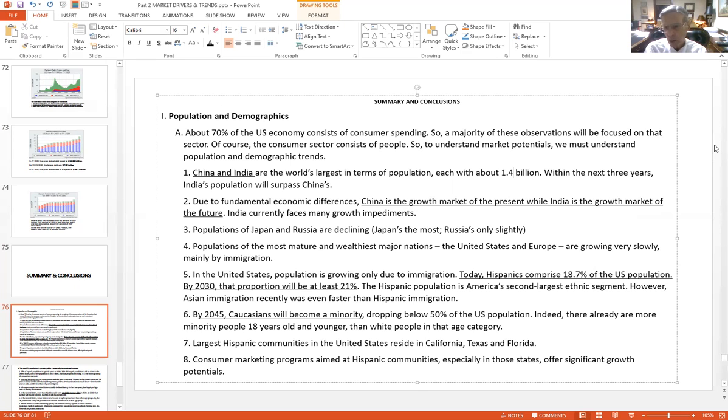And among youth aged 18 or younger, the proportion represented by white people already is below 50%. As we mentioned, the largest communities of Hispanic people are in California, Texas, and Florida.